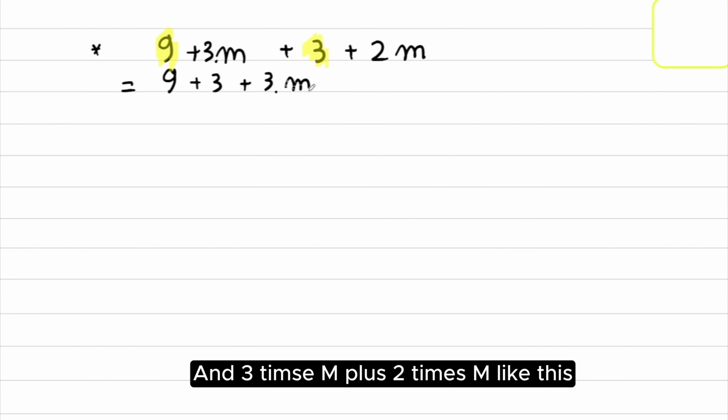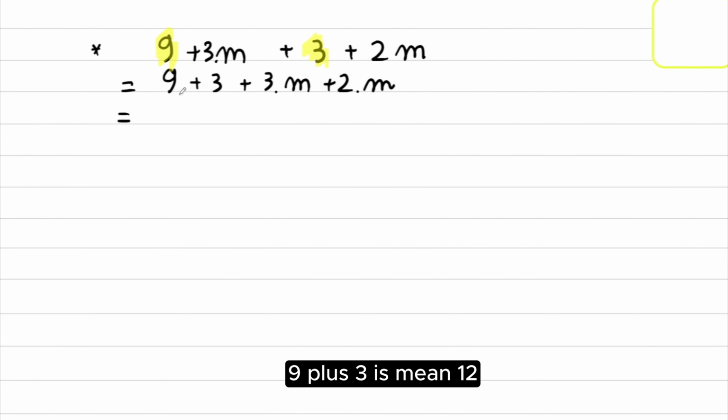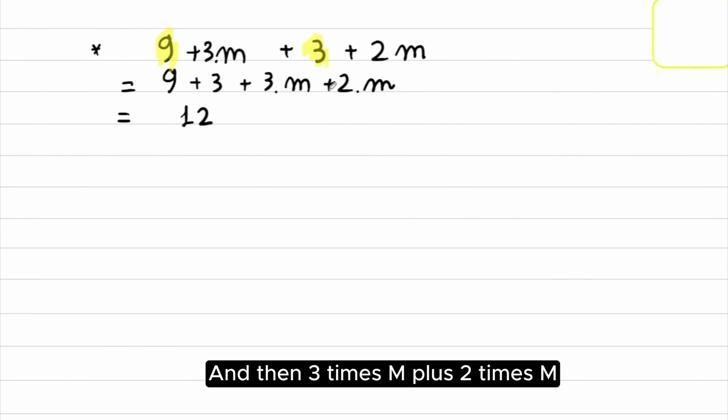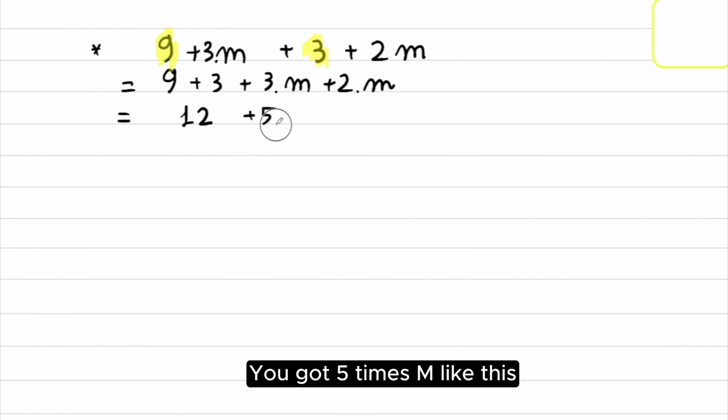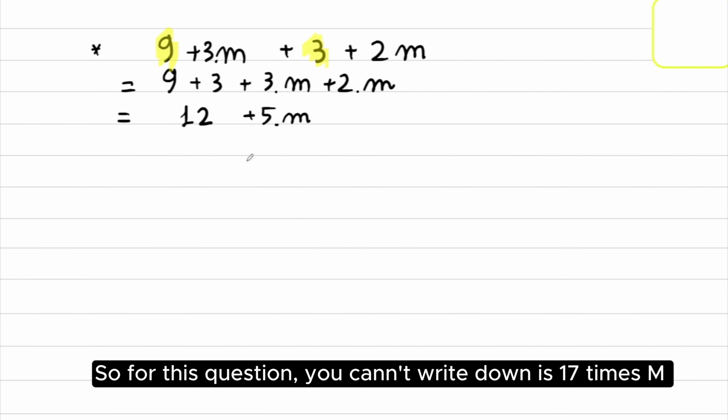And 3 times m plus 2 times m like this. 9 plus 3 means 12. And then 3 times m plus 2 times m, you get 5 times m. So for this question, you cannot write 17 times m.